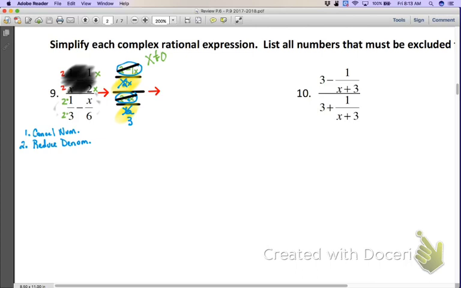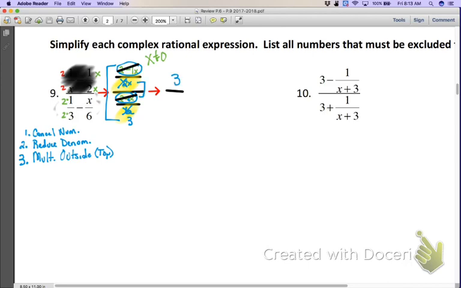So now it's just multiply the outside. So if I multiply the outside, remember that goes on top. So 1 times 3 is just going to be 3.